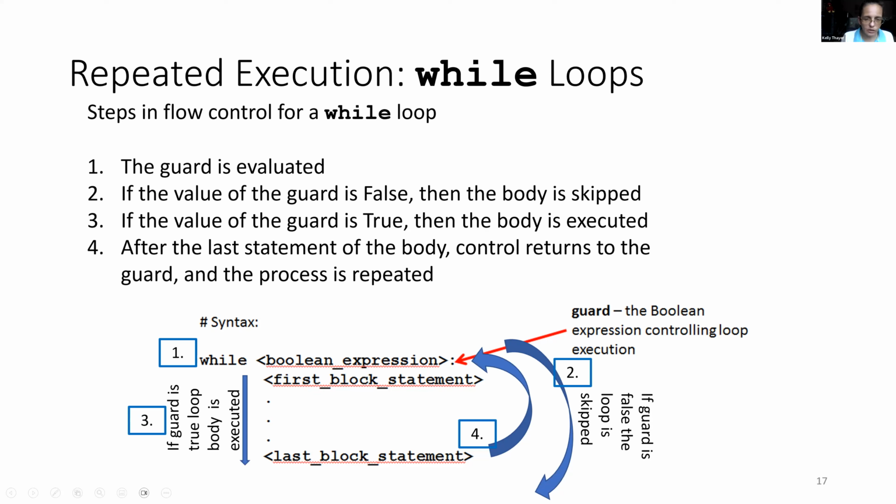But if the value of the guard is true, then the body will be executed. So we're going to go top to bottom in here. After the last statement, control returns to the guard, and then the process begins again. So you'll see that what will happen is we will just cycle through until the branch guard becomes false.